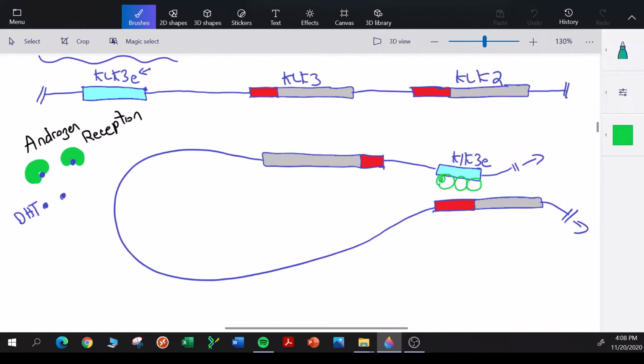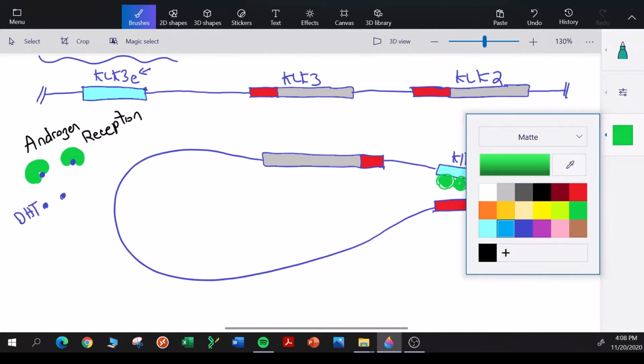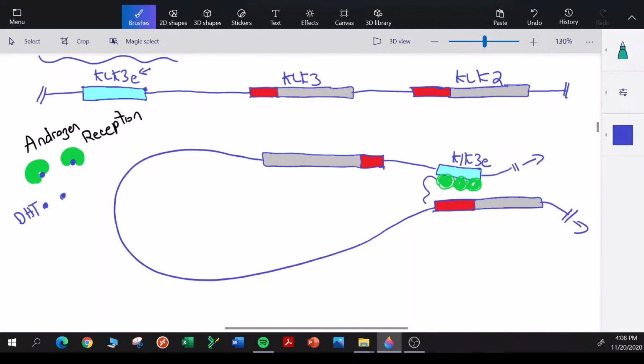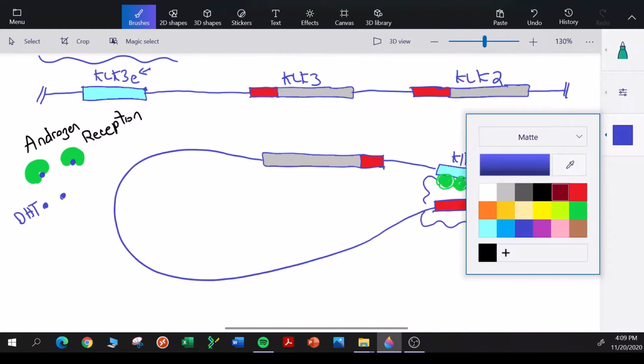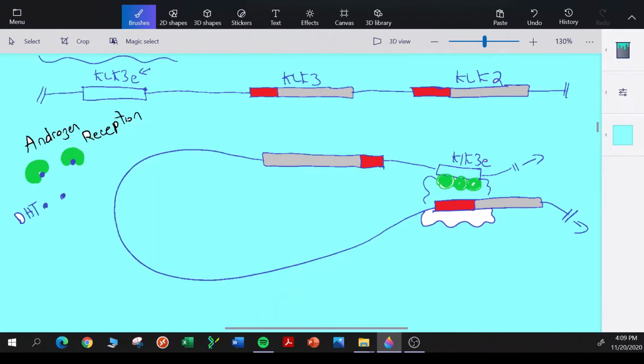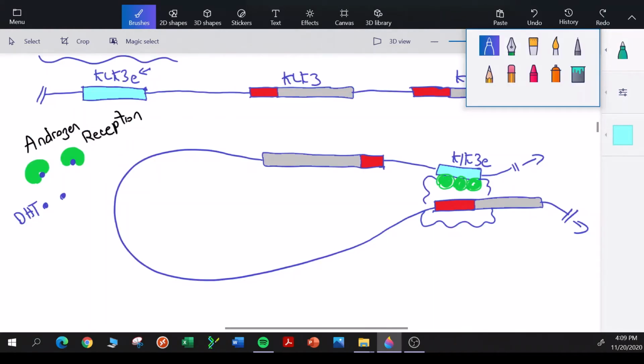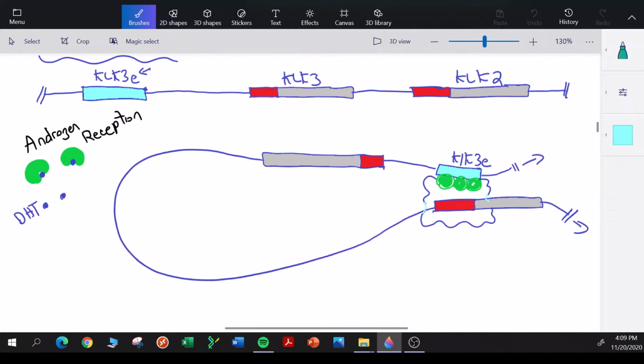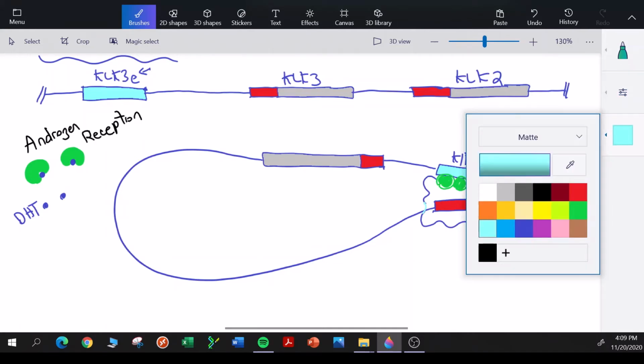And the authors have a hypothesis that when this happens, that's what induces or helps promote transcription of the KLK3 enhancer RNAs. And also, the enhancer RNAs might be important, or probably important, for recruiting what's known as the mediator complex, which is a co-activator. Okay, let me color that in.